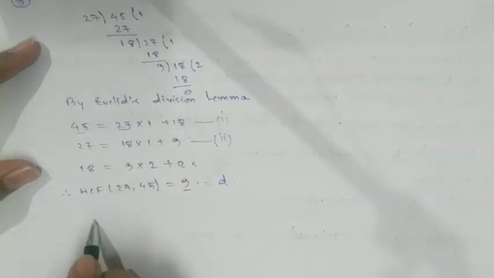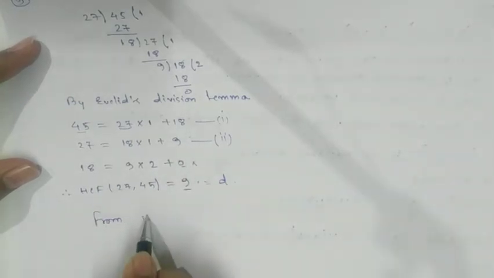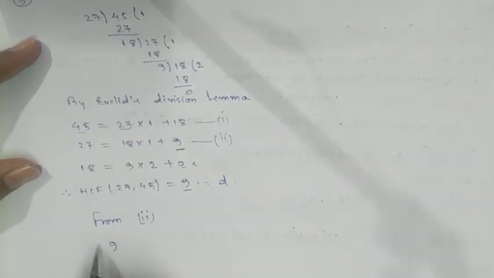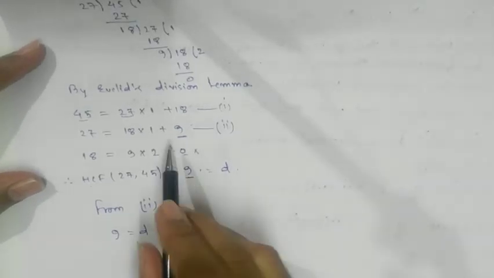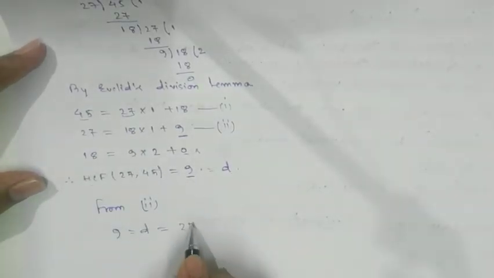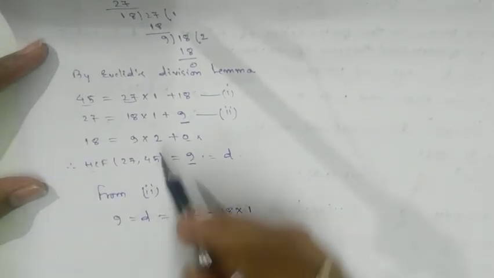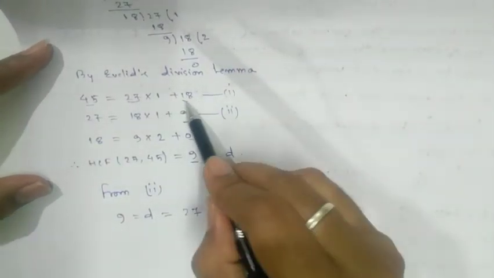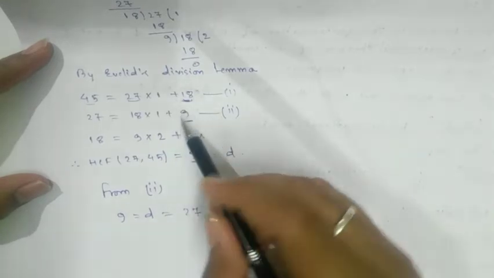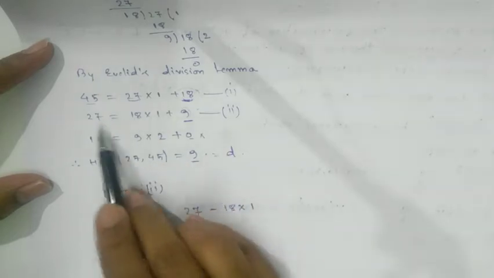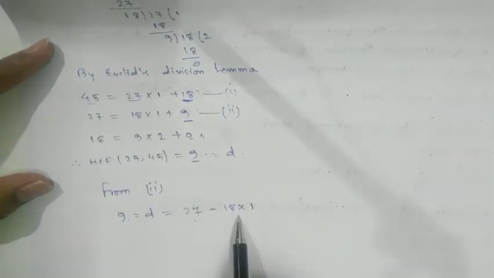So look at here, from the second equation, 9, that is D, can be written as 27 minus 18 into 1. Always try to take the remainder and replace it.